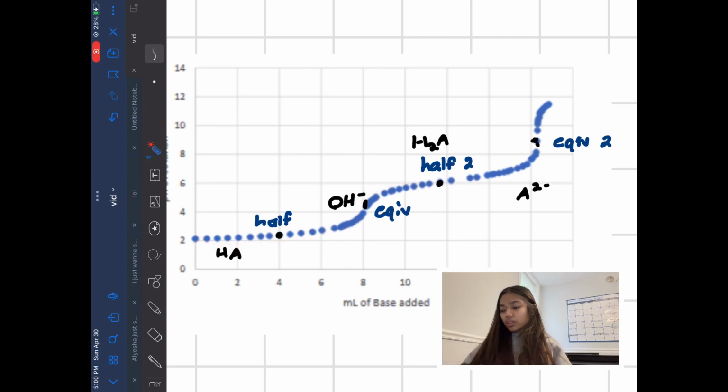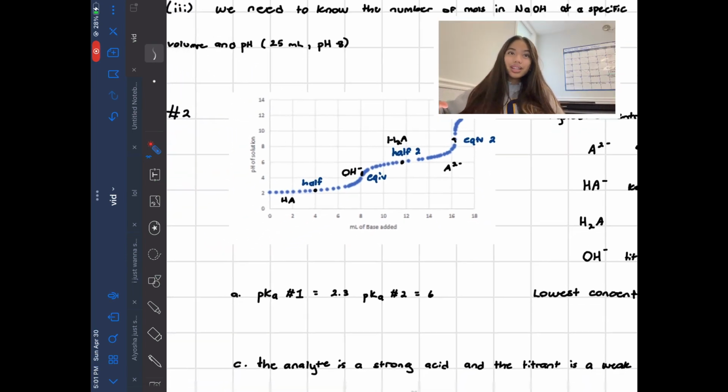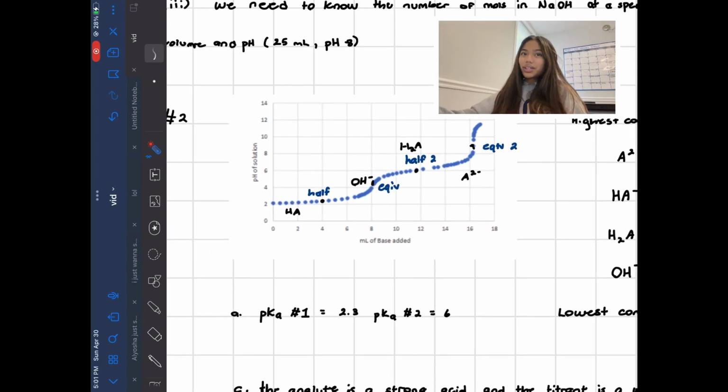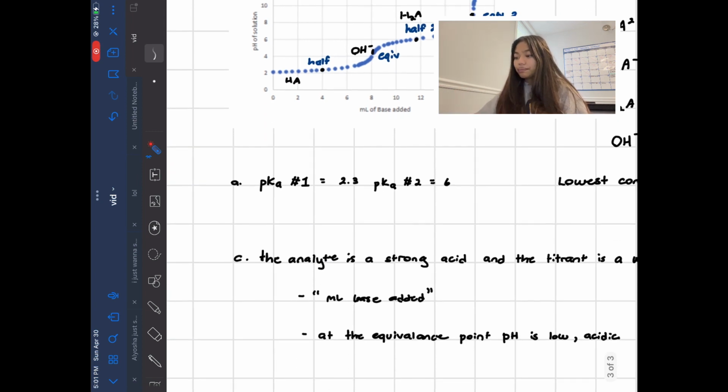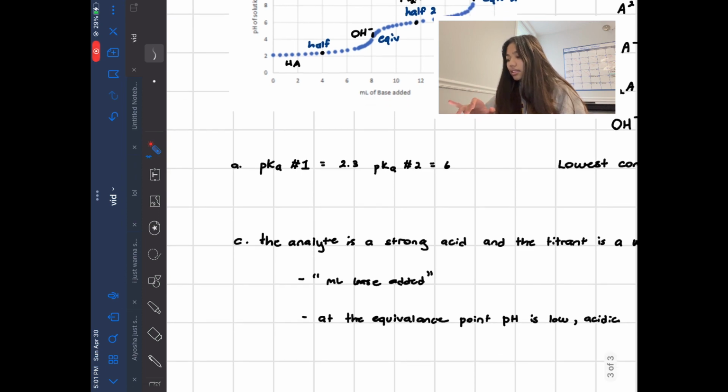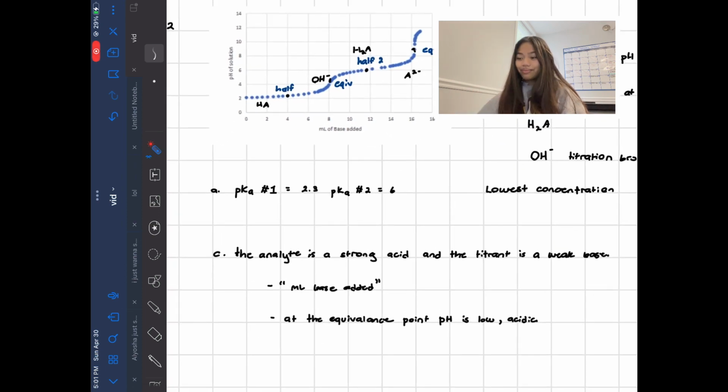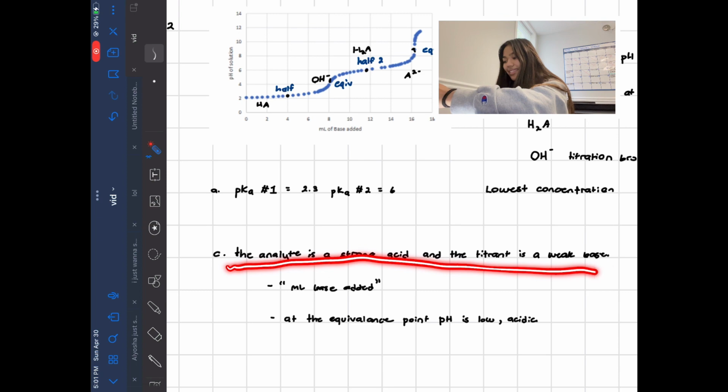It only goes up to about 4.3 for the first equivalence point. All right, so we have already distinguished that it is a weak base that is the titrant, and it is a strong acid as the analyte, which I wrote right here.